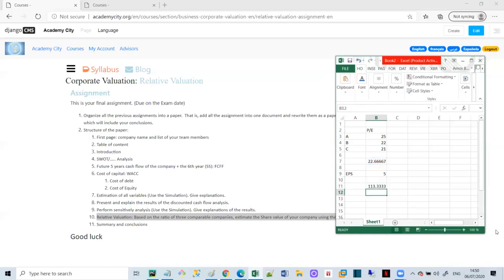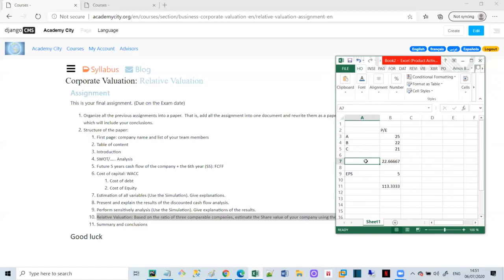That's our valuation. That's valuation based on relative valuation. We calculate the ratio, price over earnings per share, for those 3 companies. We took the average, we looked at the earning of our own company, we multiply it by that number.